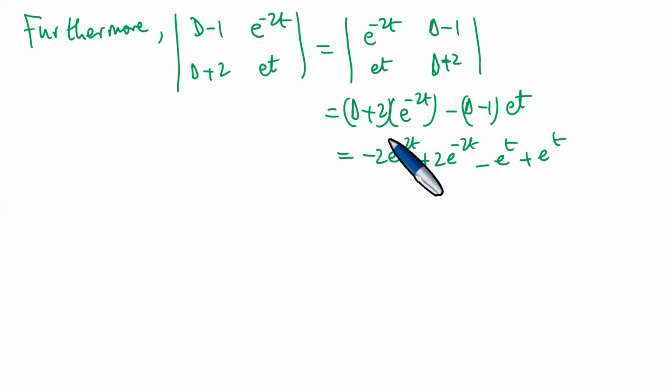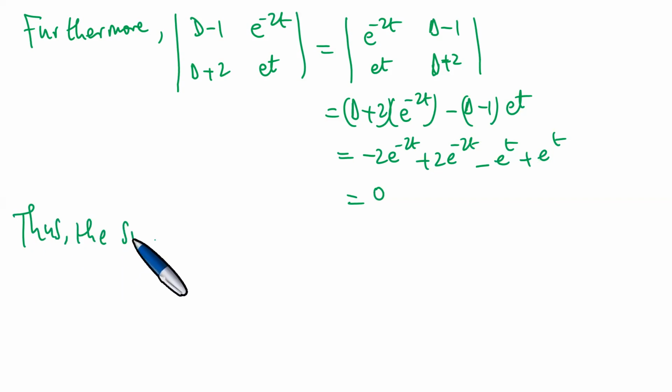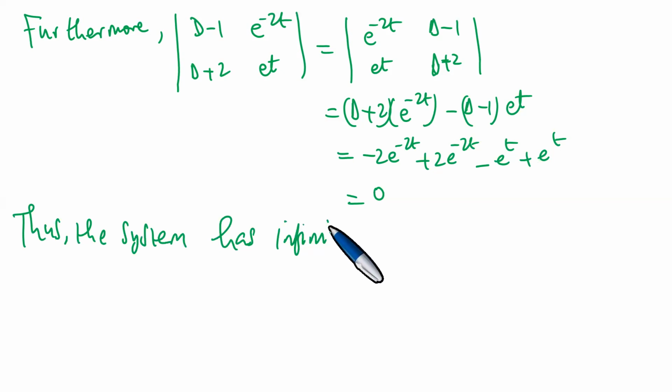The derivative of minus 2t becomes minus 2, which you put before the e, and then 2 times this becomes exactly that. Now this here becomes 0, and these cancel out, and this is 0. The conclusion out of this is: thus the system has infinitely many solutions.